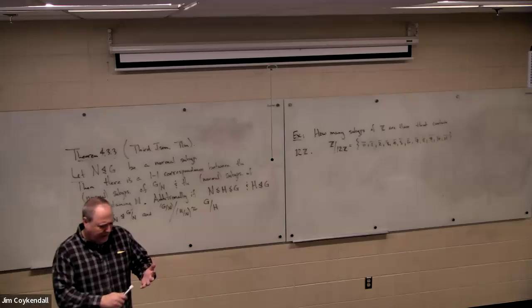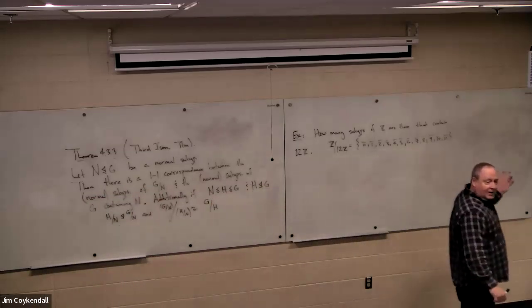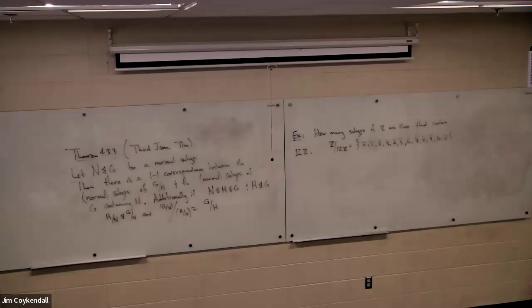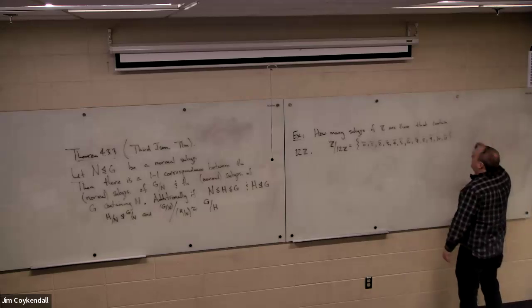Let's see. And how can we tell? What's true about a cyclic group? You want to count the subgroups? A finite cyclic group, I should say, anything that has finite order. There should be one for every divisor of the order, right? So let's see.